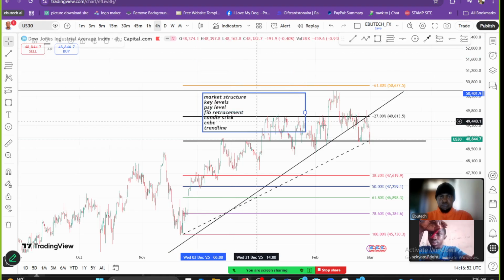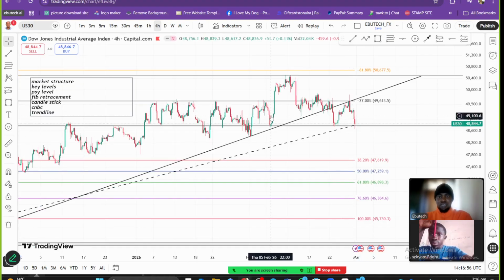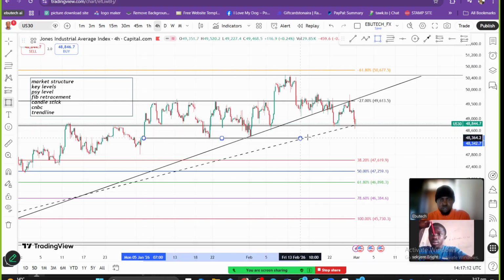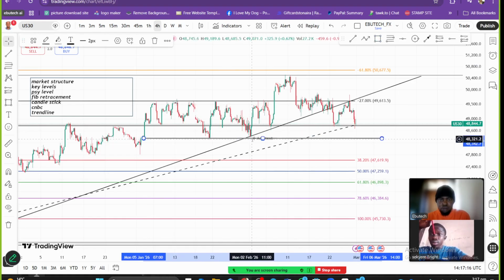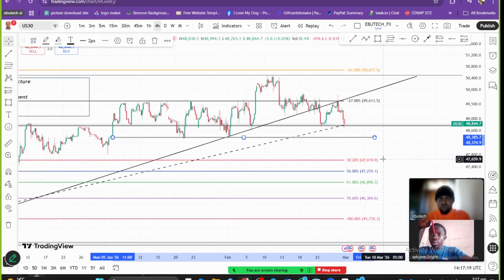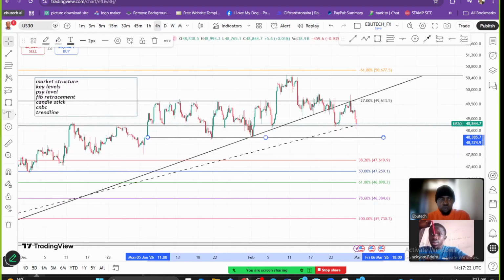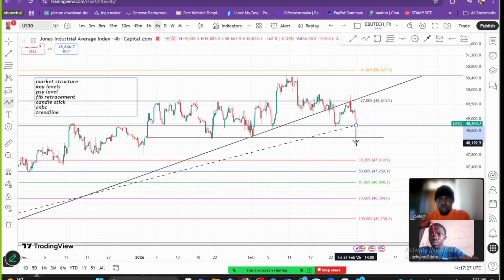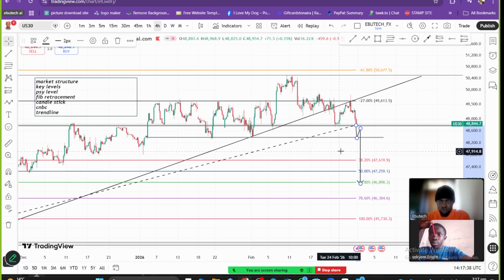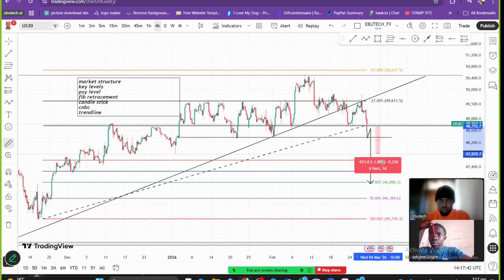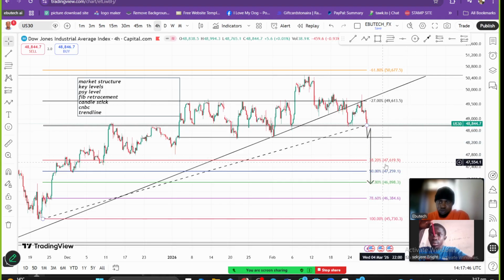If this market can push and break this trend line, if it can break this zone, which is a very strong zone, and give us a retracement like this, that means the market should be coming to the 61% level. Are you seeing it?